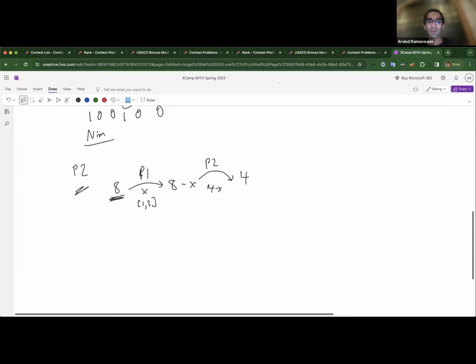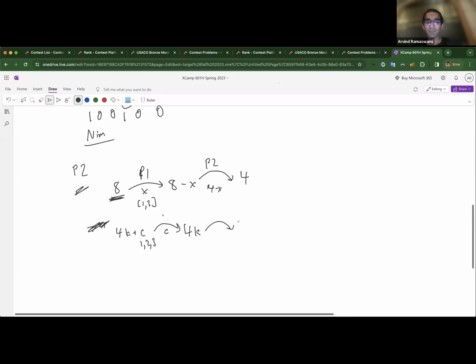So if the initial number is a multiple of 4, then player 2 has the winning strategy. And if the initial number is 4k plus c, where c is not divisible by 4, so 1, 2, or 3, then player 1 can win by removing c, so that it's 4 times k.